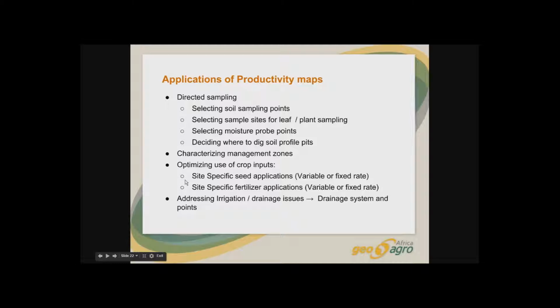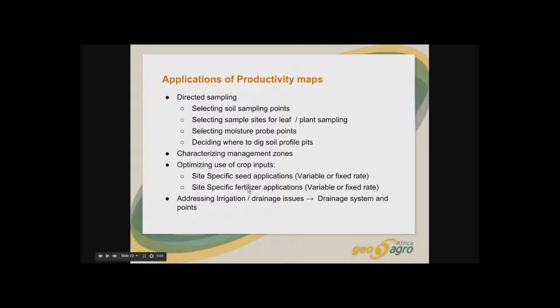Once you have done that, the next step is to optimize use of crop inputs. It could be site-specific seed applications, and you'll see the difference between variable and fixed rate, but always site-specific because you're taking into account those management zones, either seed applications or fertilizer applications.